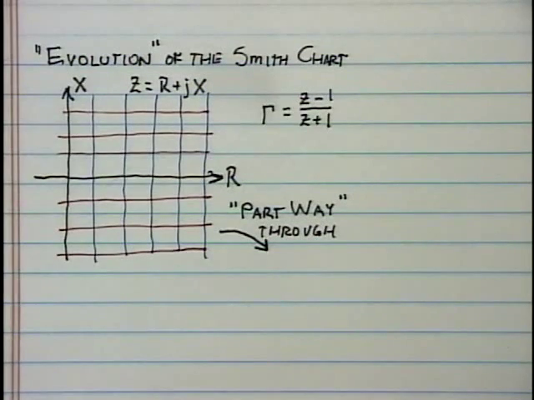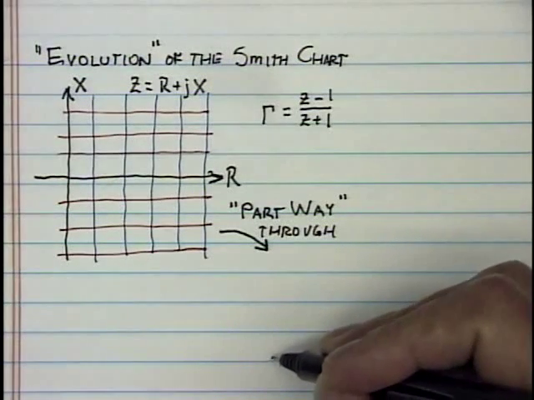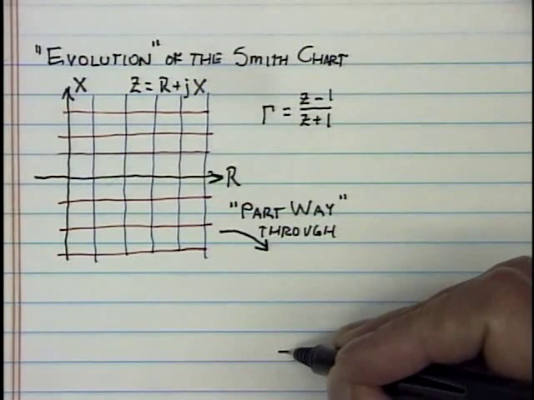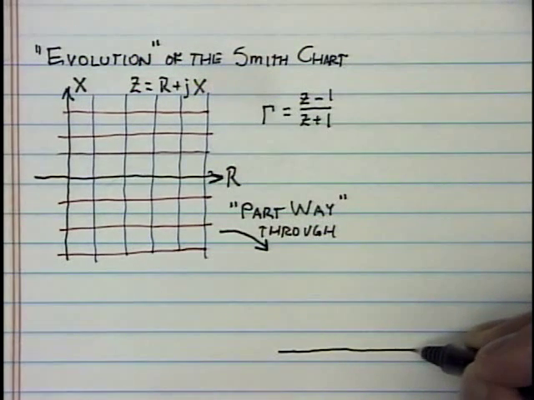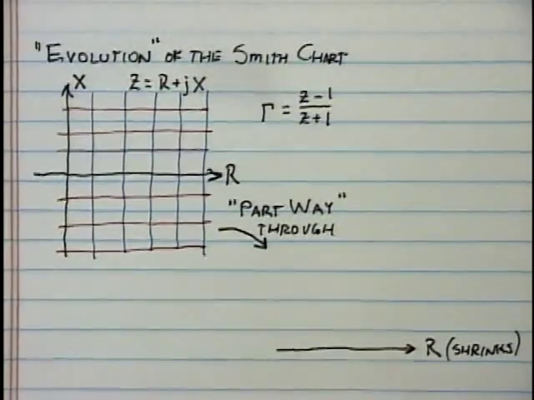Okay, here's what happens. The resistance axis, the r-axis, starts shrinking, actually in a nonlinear fashion.